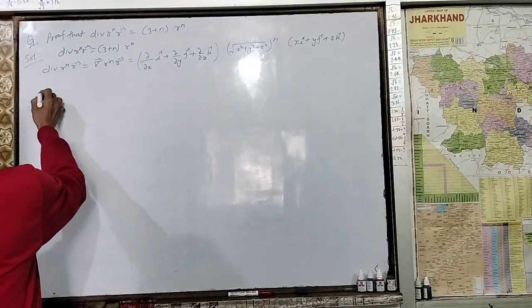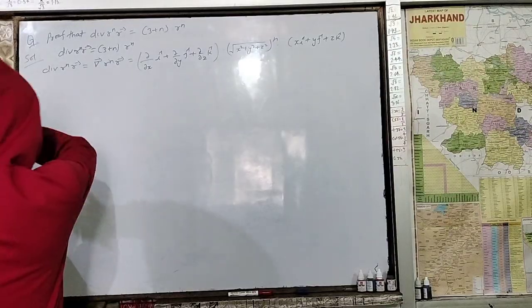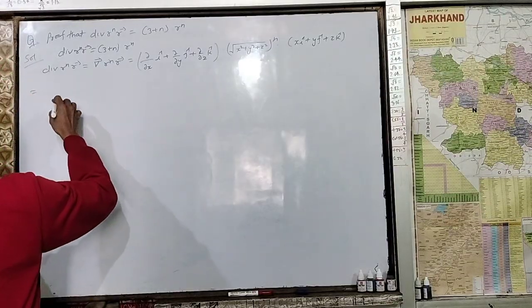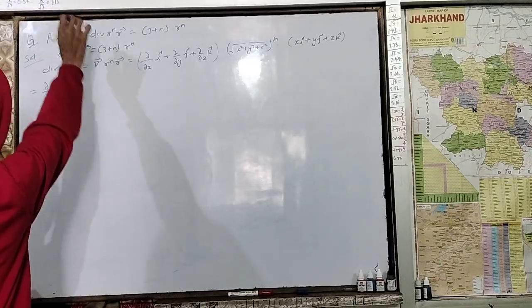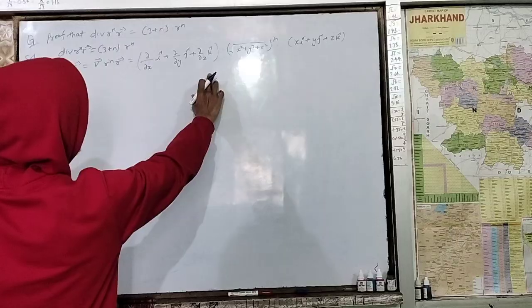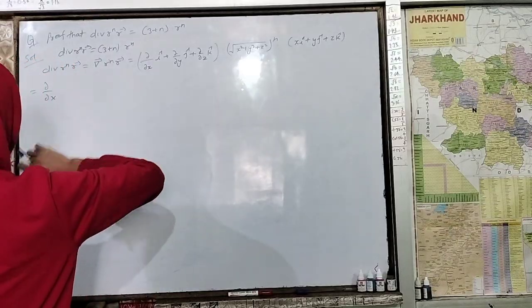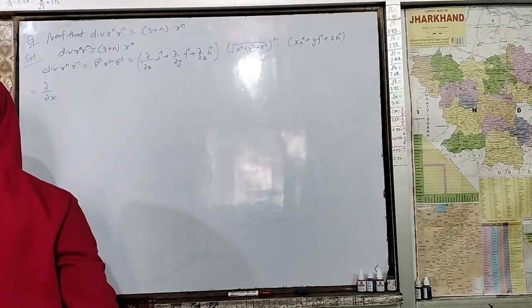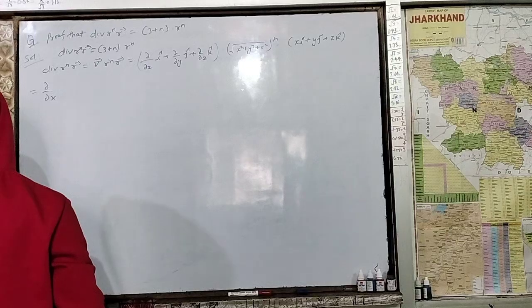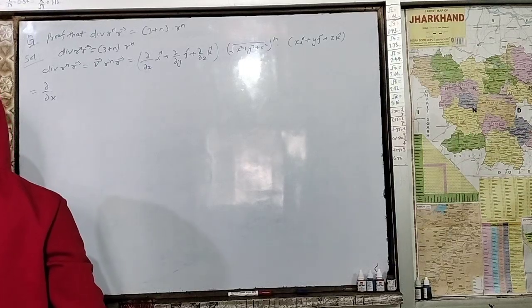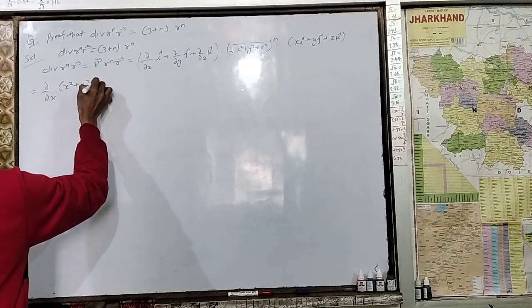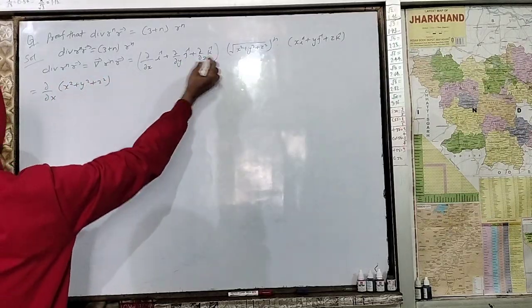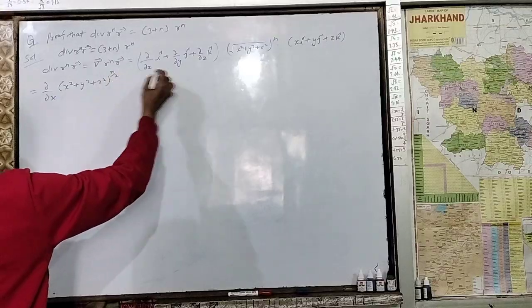So finally you can say this d/dx will be equal to the derivative of x square plus y square plus z square raised to n by 2.